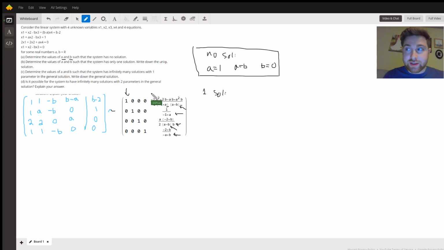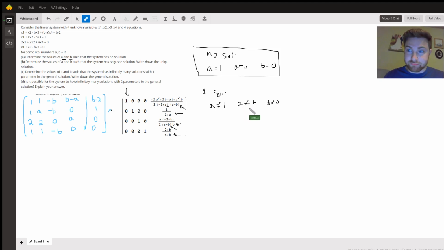So it looks like there's probably not going to be an infinite amount of solutions because there's no free variables, at least if we have values of A and B. So it looks like if we have A not equaling 0, not equaling 1, A not equaling B, and then B not equaling 0. If all those three are satisfied, dude, it should work.